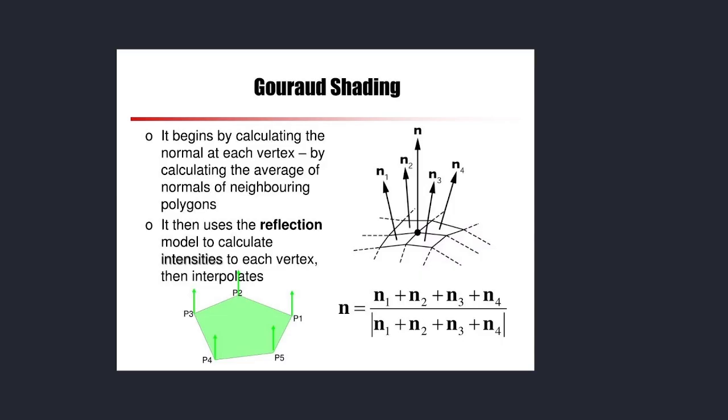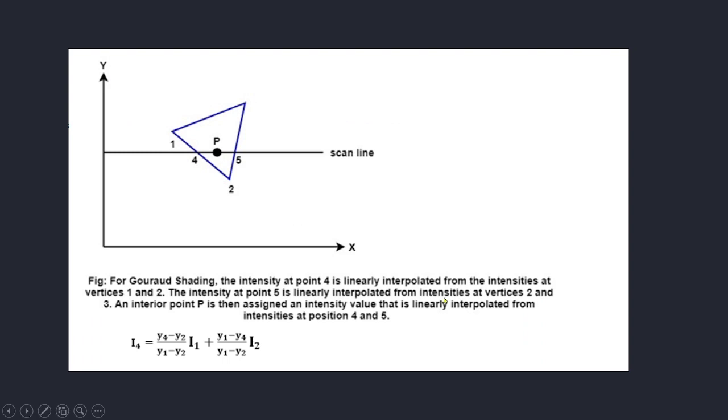So here is the technique to find the normal vector. This is the better way to understand how it works. We have a scan line, and suppose this is the polygon surface, and we know intensity values at vertices, that is 1, 2 and 3.